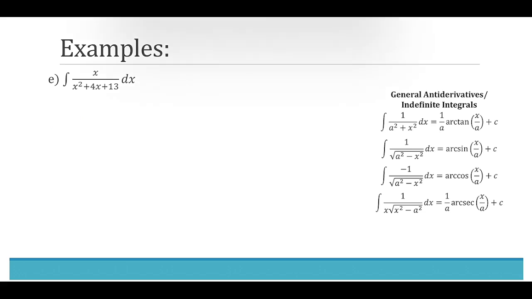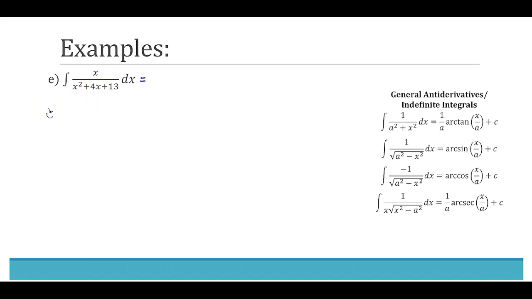On this one, the strategy is using an algebraic technique called completing the square in the denominator, because the denominator also doesn't factor. When I see a trinomial, one thing I might try is to factor it, but here I have this prime number 13, so it's not going to be factorable. So I'm going to use completing the square.